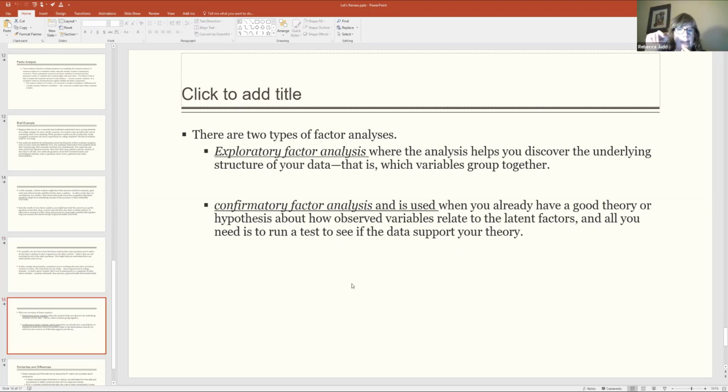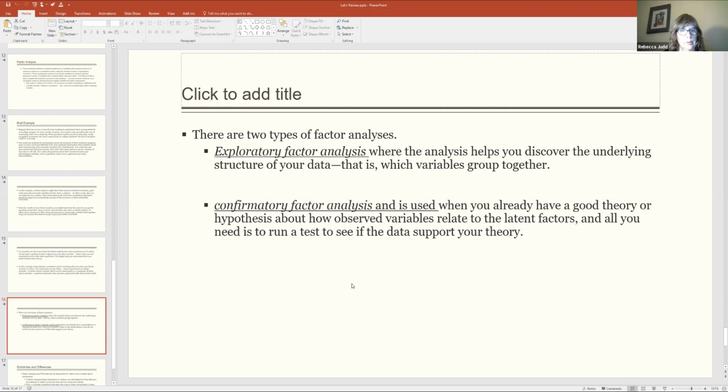There's actually two types of factor analysis. One is exploratory factor analysis. This is actually kind of open-ended, and you discover the structure of your data and what variables do group together. So you kind of go into exploratory factor analysis without a preconceived idea.